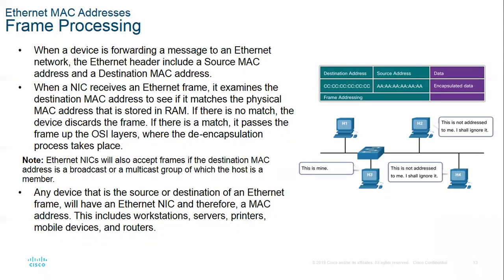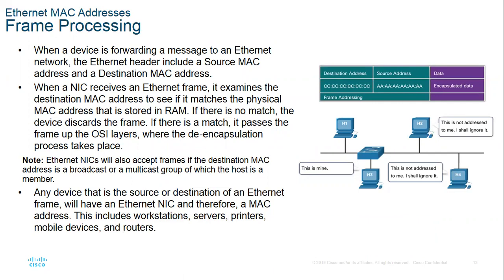So when a host is going to transmit an Ethernet frame, he should know the source MAC address, which is his own MAC address embedded on his network interface card, and he should learn the destination MAC address to be able to build his Ethernet frame to be transmitted to the destination.